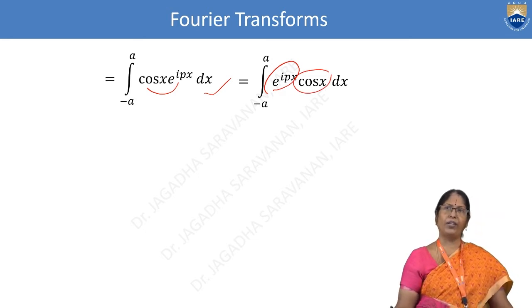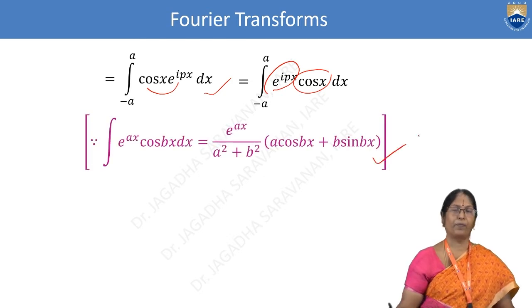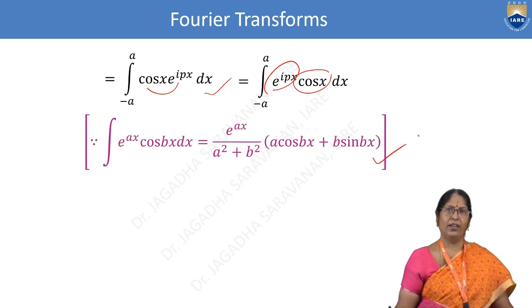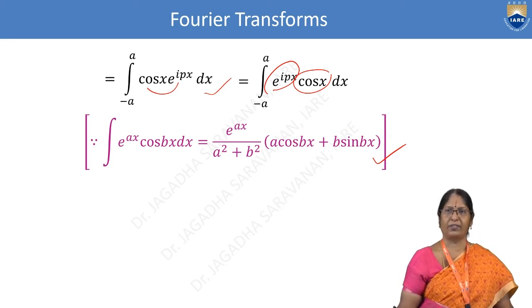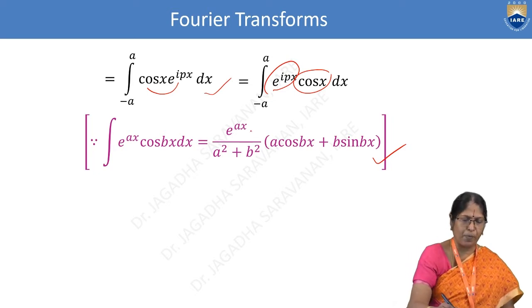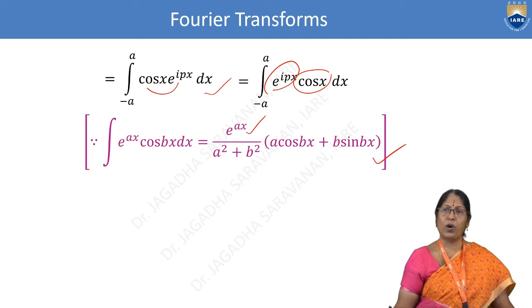For this integration, we can use the available formula. This is the formula: integral e power ax cos bx dx, which is nothing but e power ax by a square plus b square into a cos bx plus b sin bx.